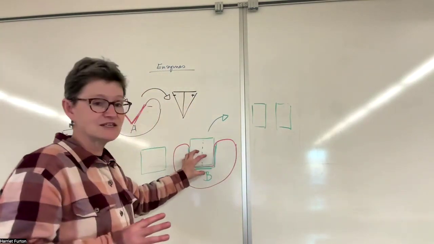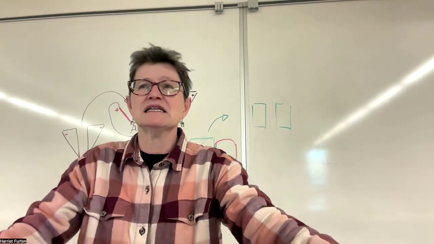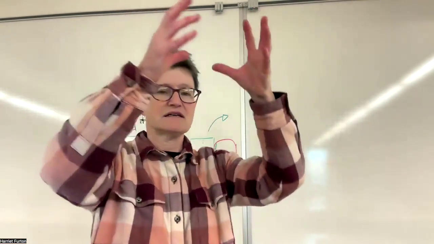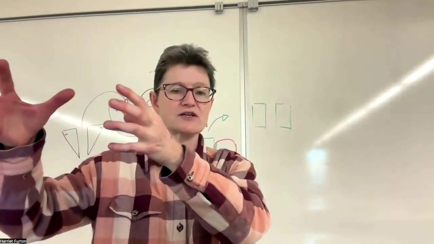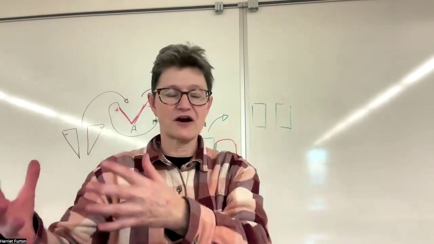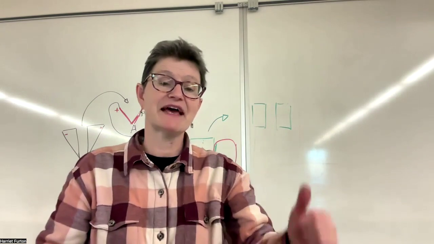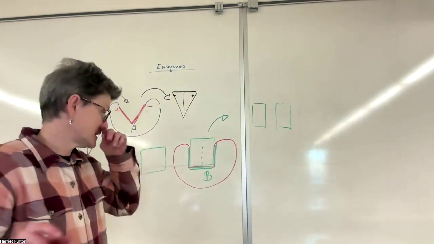So the shape changes, the function changes. This is another main topic in biology, structure to function. If the structure changes, the function of the material will change too. And that is true for the enzymes too.